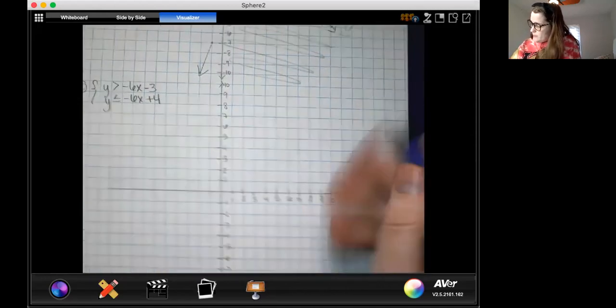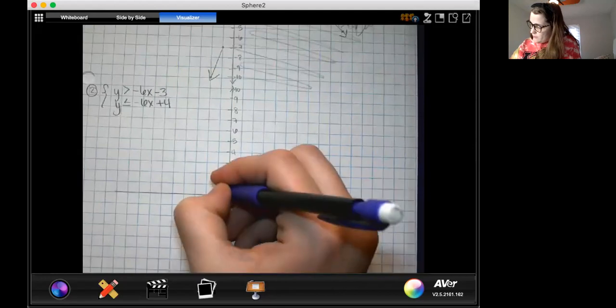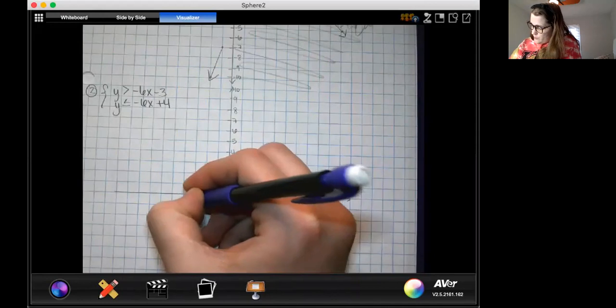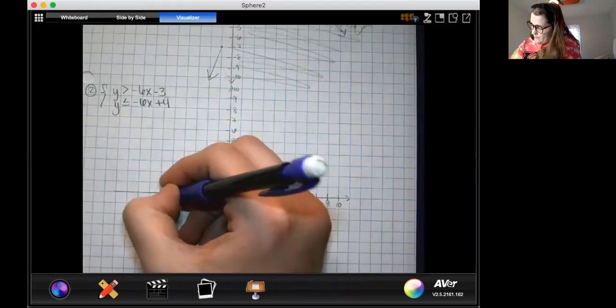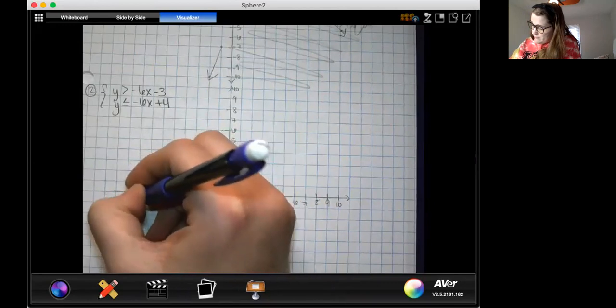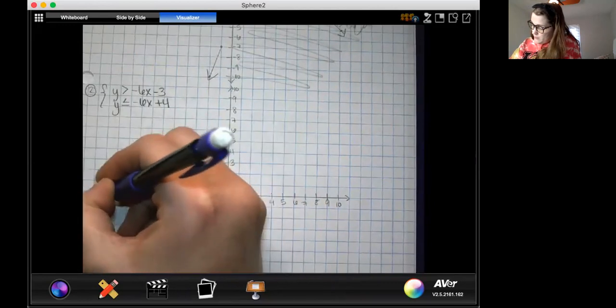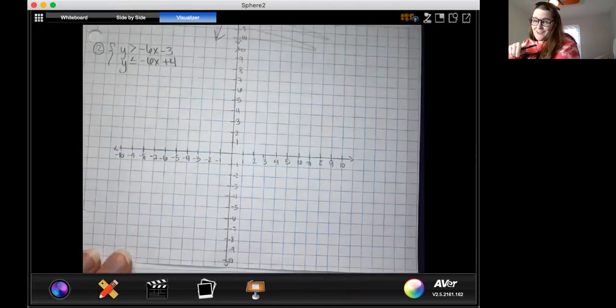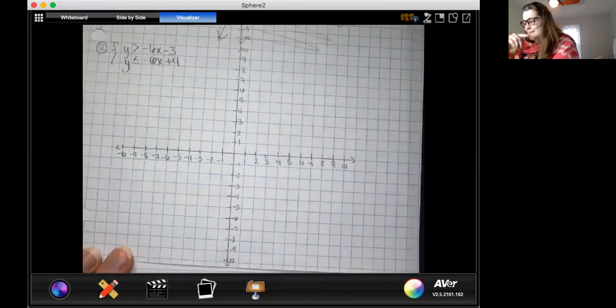Okay, but I believe this is the last graphing unit we have for algebra. This should be the last graphing. Not to say that you won't do more graphing, because they'll be graphing on the final, but I believe this is the last unit with graphing.